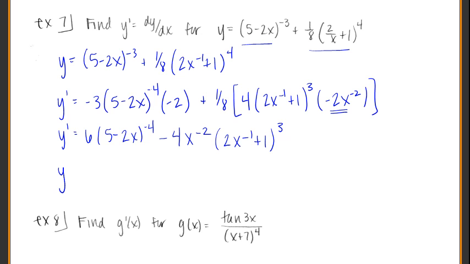So if we want to, the last part I was thinking of is just writing this all with positive exponents. So this would be 6 over (5 minus 2x) to the 4th, minus, see, the 4 will go on top, the x squared will go on bottom. And then inside of here, since this has a positive exponent, it's going to go to the top.